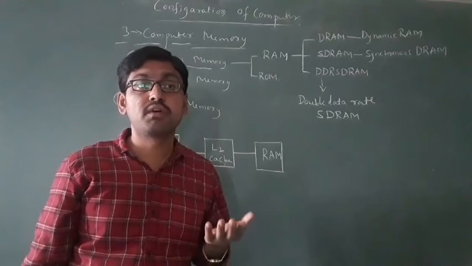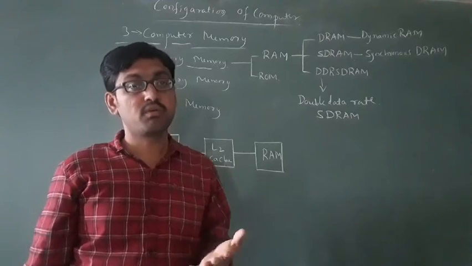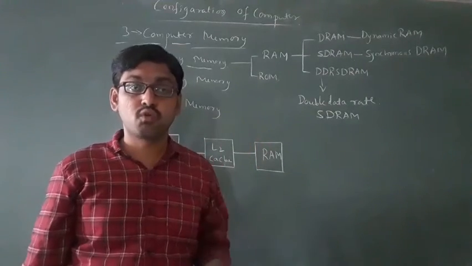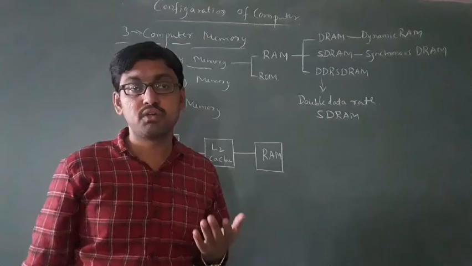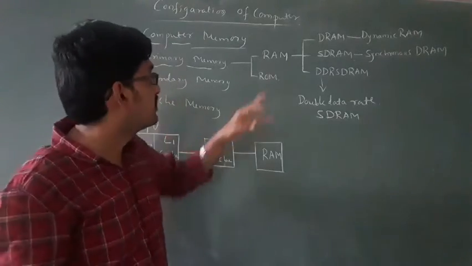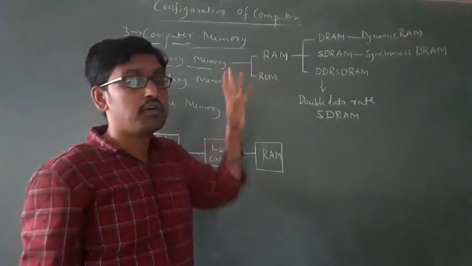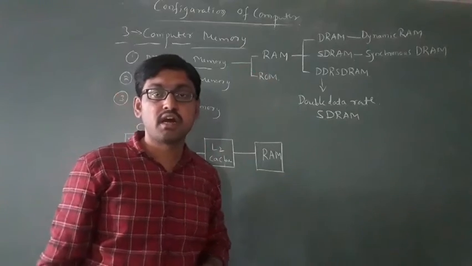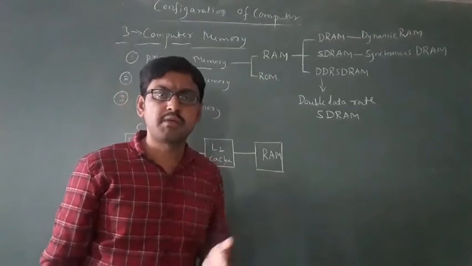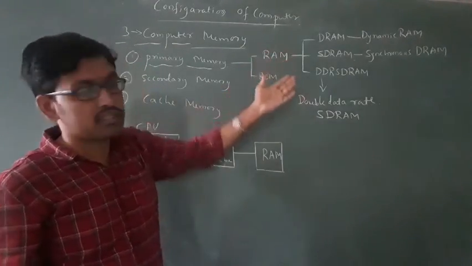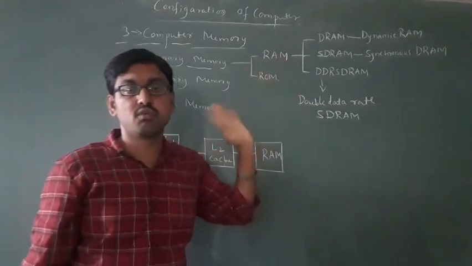These are mounted on the motherboard. On the motherboard there is RAM and ROM, which is nothing but the BIOS chip. These are the primary memory. In examination they will ask you only expansions, so you just have to remember this.